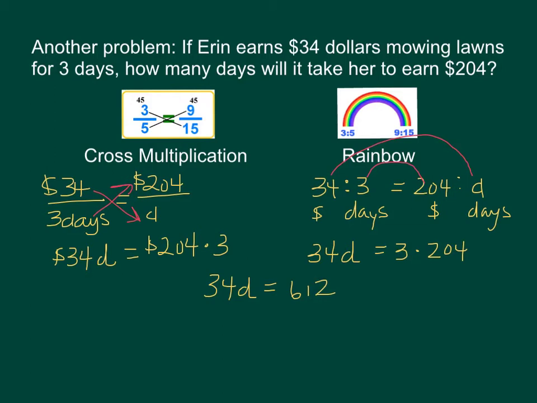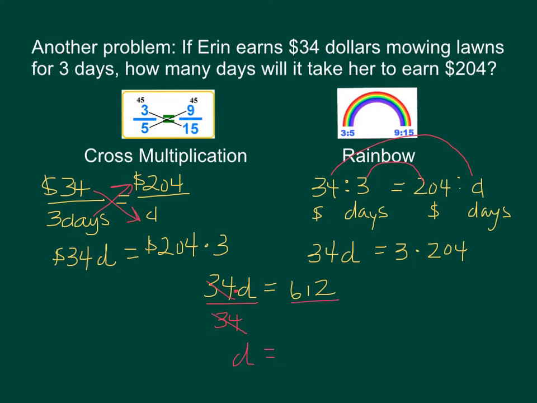We are going to look and say, the 34 and the d are being multiplied. That is the relationship between them. So to get the d alone, I'm going to need to get rid of that 34. To do that, I will divide by 34, since dividing by 34 is the inverse operation of multiplying by 34. And that will leave me with just a d on that side of the equation.